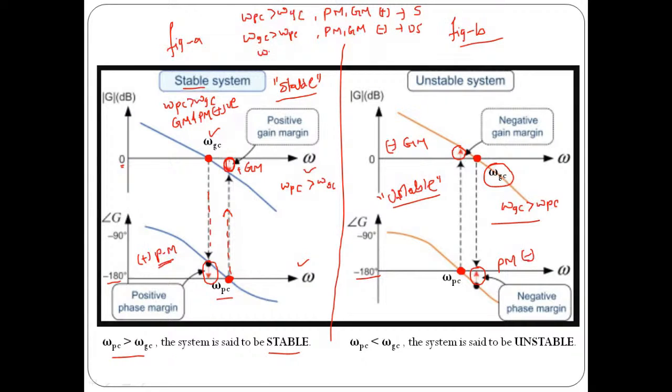And if omega GC is exactly equal to omega PC, with gain margin and phase margin being zero, the system is said to be marginally stable. This is very, very important. Please note down this point.